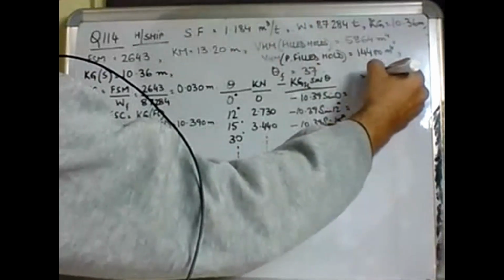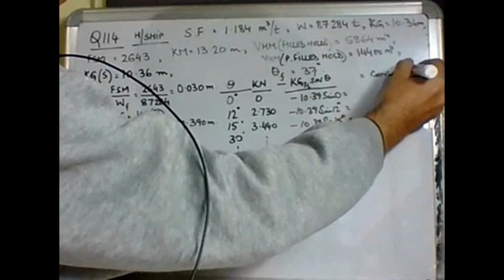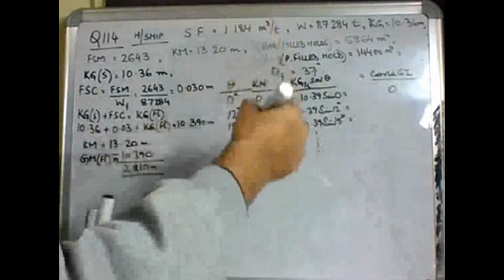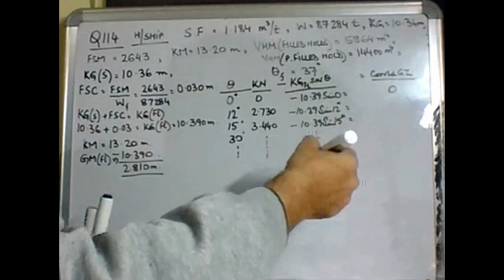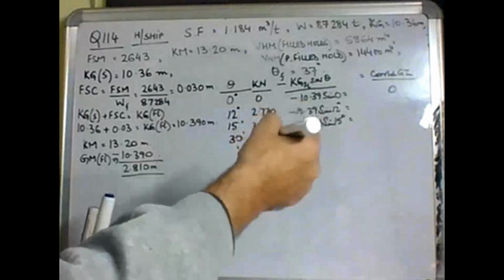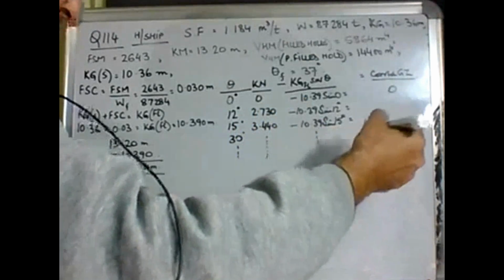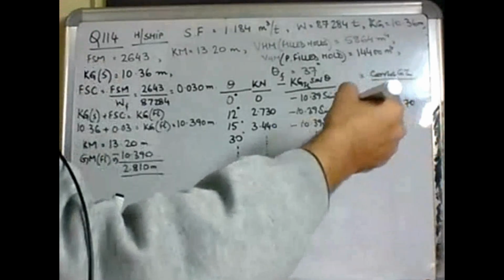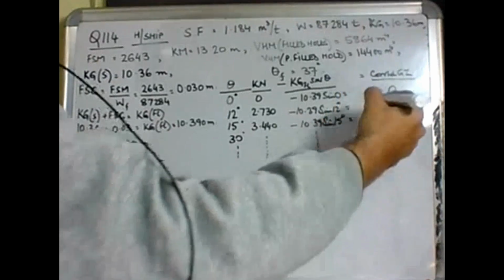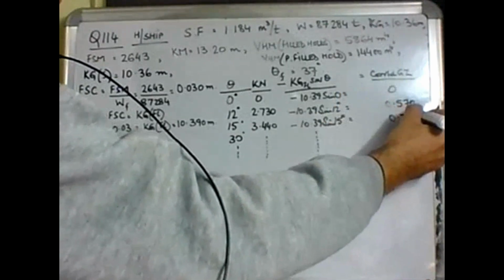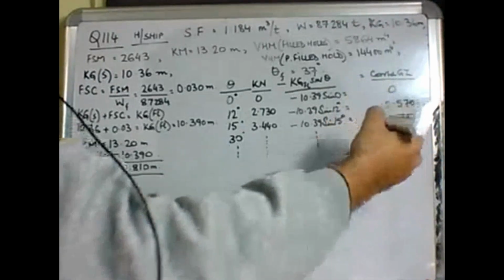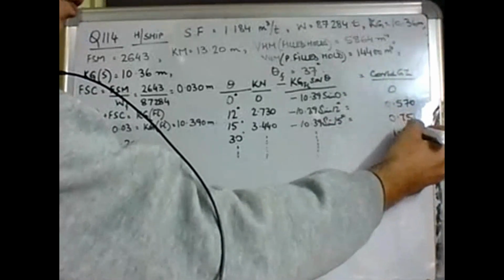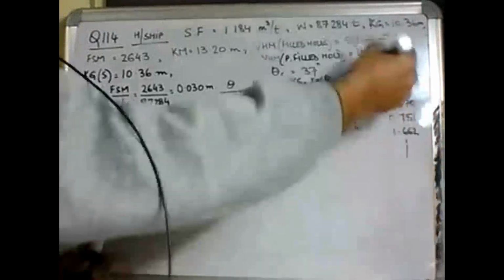Once the correction is applied, this will give you the corrected GZ. The first value will automatically be 0 in this case, and then you will find the rest of the values. I'll pick up the values from the book. The value for 12 is 0.57, the value for 15 is 0.751, for 30 it is 1.662, and so on. You know how to calculate these values.